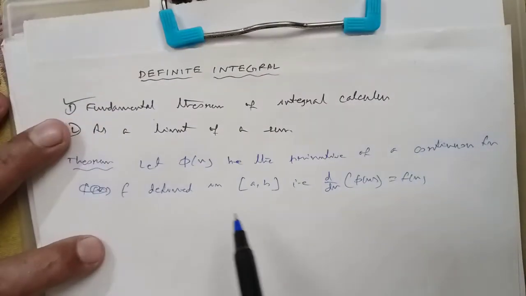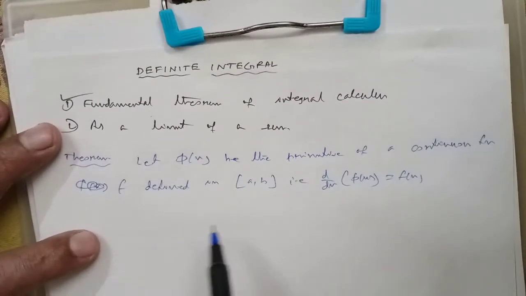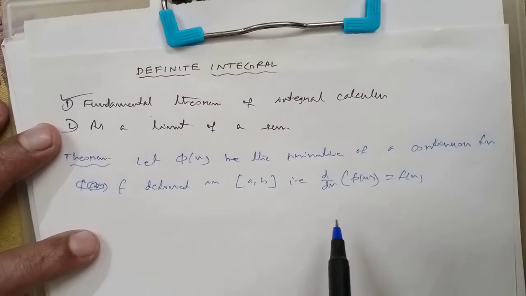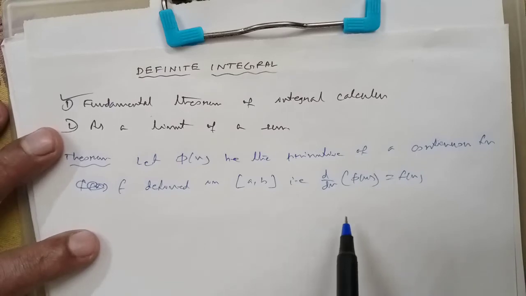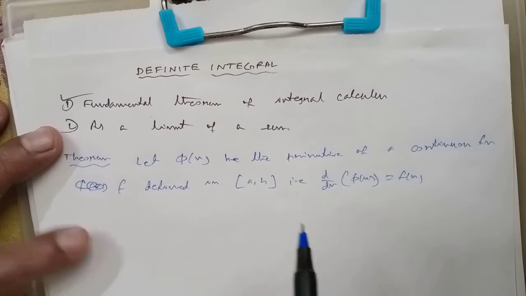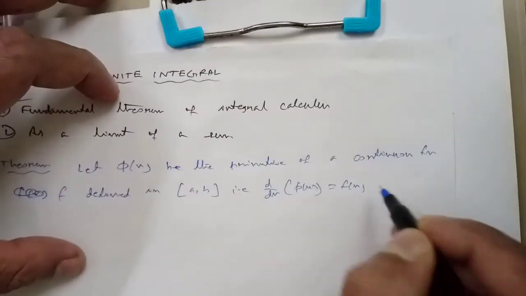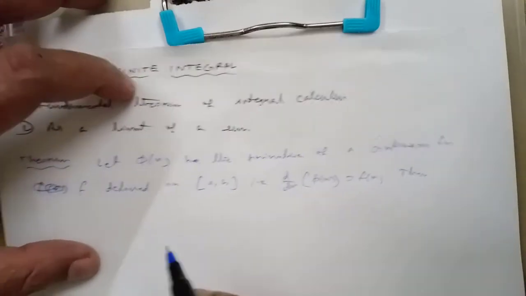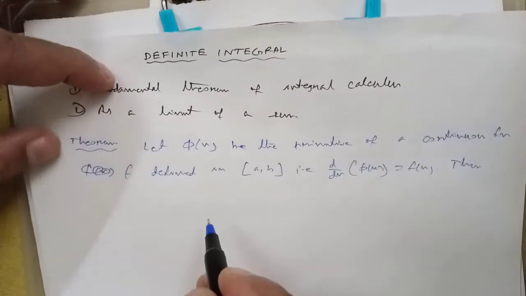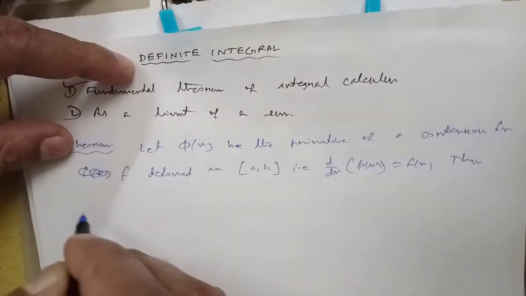So when phi x is primitive of f, then it will be automatically declared that derivative of phi x is fx.